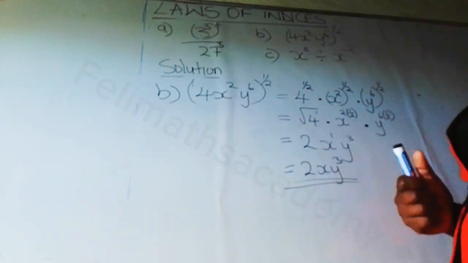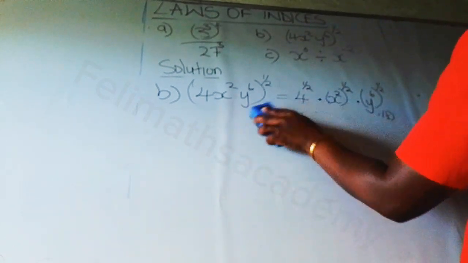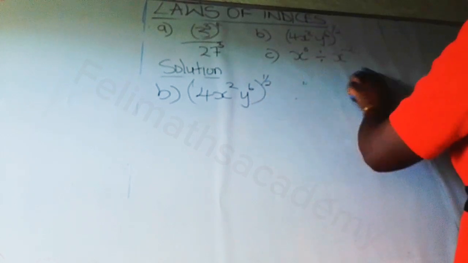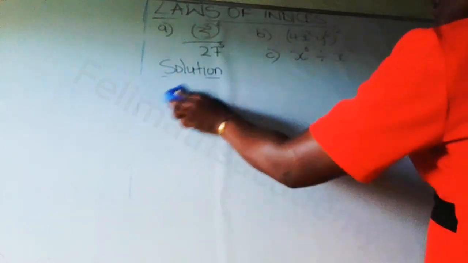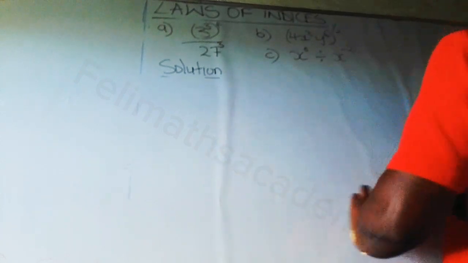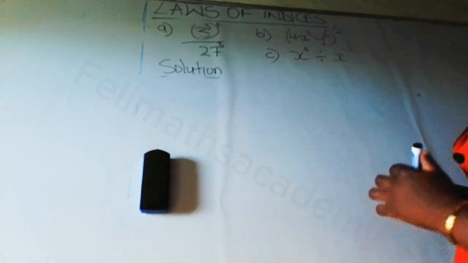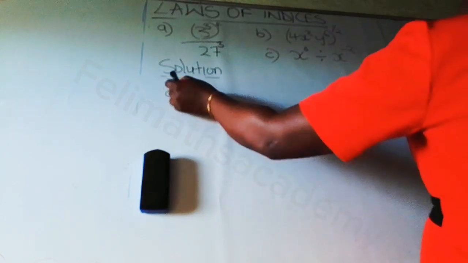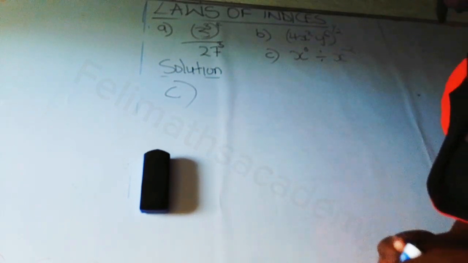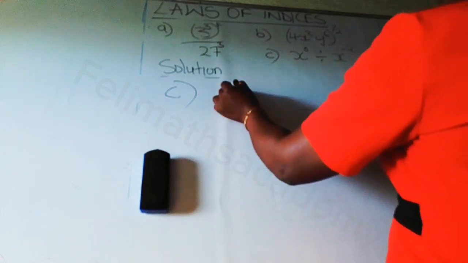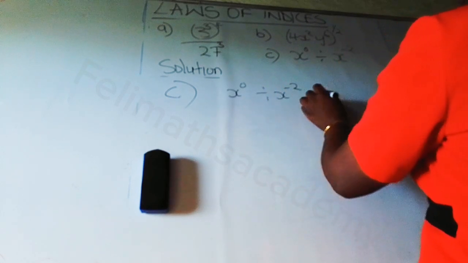Then we move on to part C. If I'm rushing through, you can pause or you can play back so that you get to understand bit by bit. X to the power of 0 divided by x to the power of negative 2.